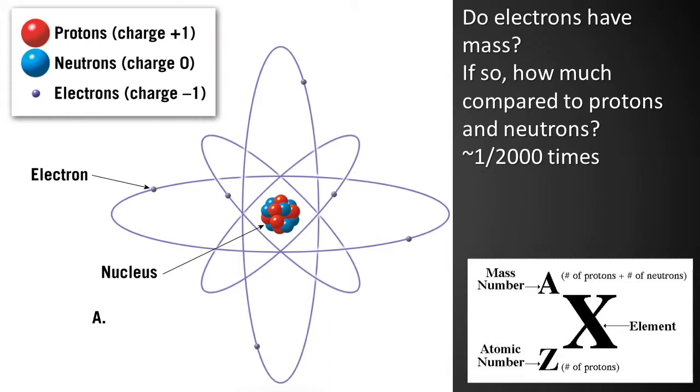Elements are groups of the same type of atom. Atoms are defined by the number of protons in the nucleus. If an atom changes its number of electrons or neutrons, it becomes an ion or an isotope, but stays the same atom. If the number of protons changes, then the atom turns into a different atom.